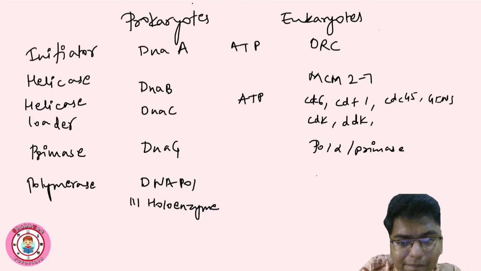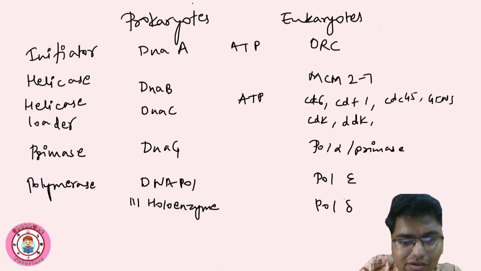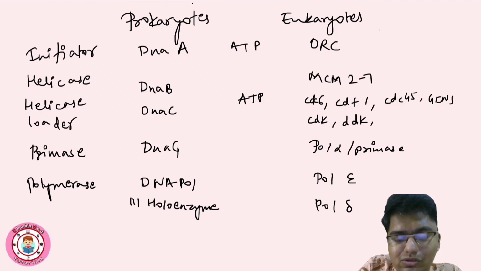And here polymerase epsilon for the leading strand, polymerase delta for the lagging strand. That's it. So this was all about initiation and elongation. In elongation, the nucleotides are added. As the helicase unwinds, the DNA polymerase will also move in this direction and go on adding the nucleotides. So that's it for this video.